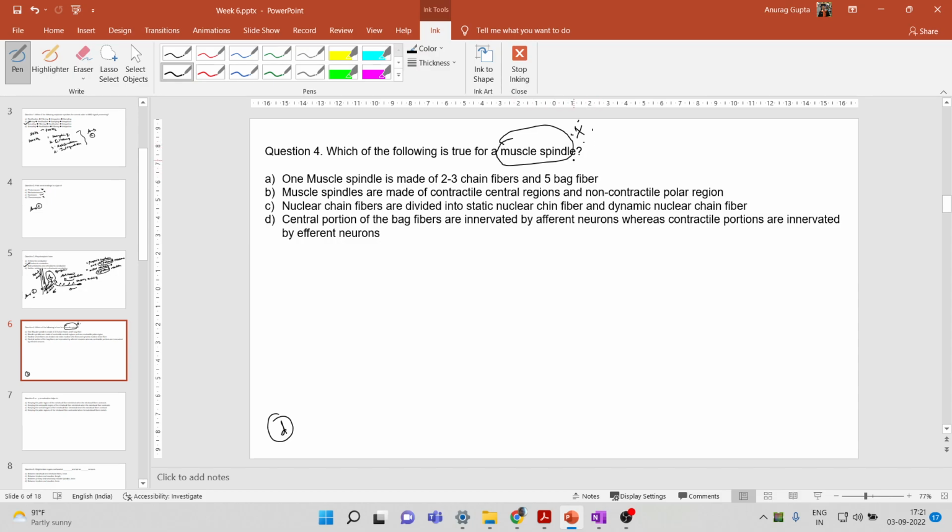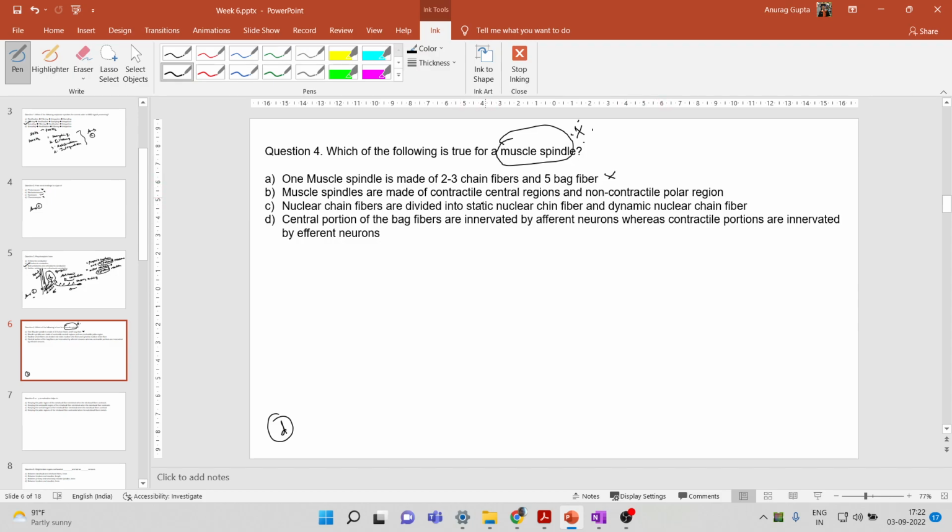So let us go through these options. One: muscle spindle is made of 2 to 3 chain fibers and 5 bag fibers. I think this is wrong because it is typically made up of 5 chain fibers and 2 to 3 bag fibers. So this is not the correct answer. Muscle spindles are made of contractile central regions and non-contractile polar regions. This is again false.